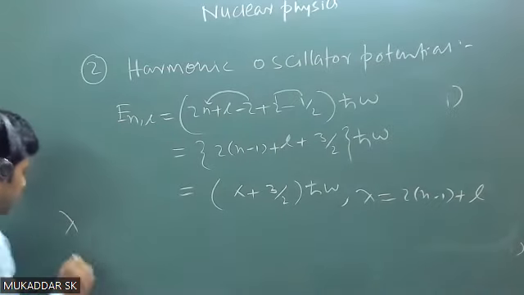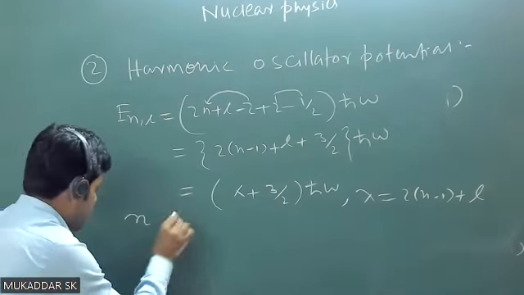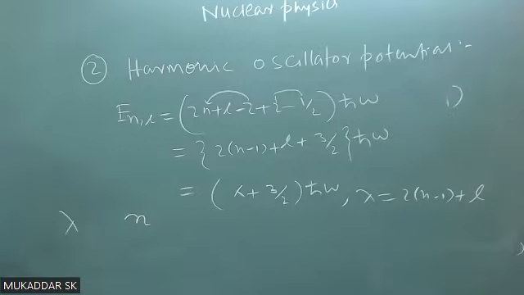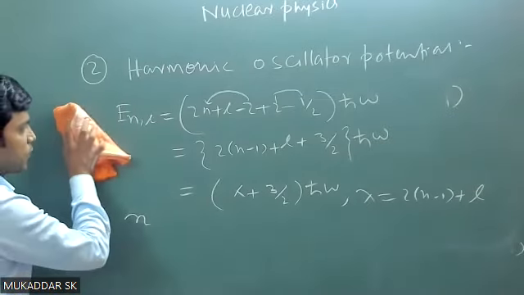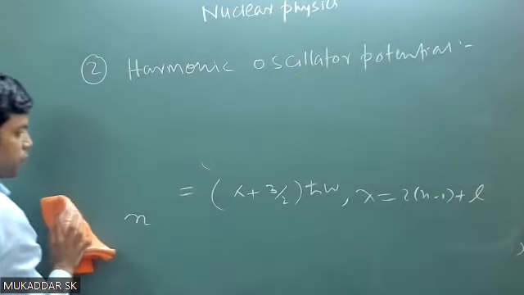Now I'll calculate the value of lambda for different n. Better I'll write it in a complete way, because it will take much space. I have to use the full board.